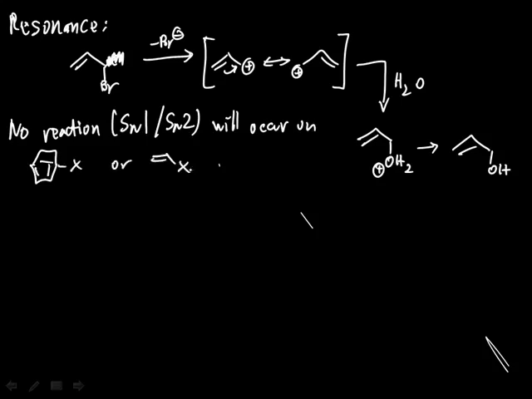The reason why no reaction will occur in Sn2 case is because backside attack on these species is impossible, because you have to go basically through the plane of the aromatic ring or through these atoms to get there. In the Sn1 case, the reason lies in the significantly lower stability of sp2 hybridized cations versus the sp3 hybridized cations.